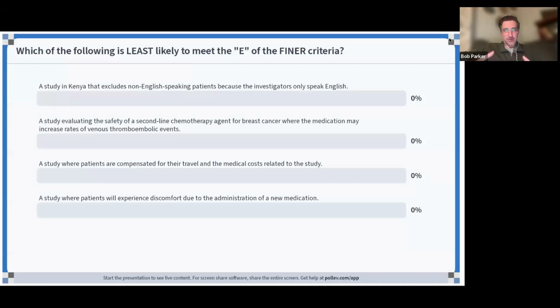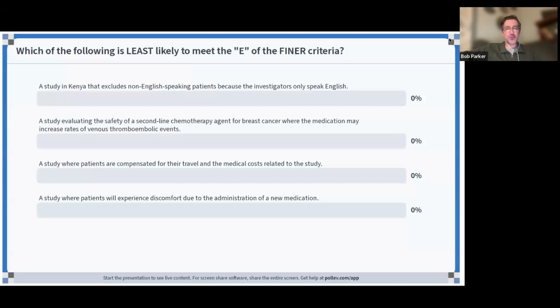So the collective on this webinar believe that a study evaluating the safety of a second-line chemotherapy agent for breast cancer, where the medication may increase risk of VTE, that could be unethical. It could be. But if it's done well and the risks are explained and the benefits potentially justify that increase, that could be ethical.